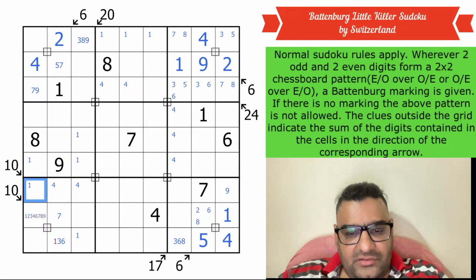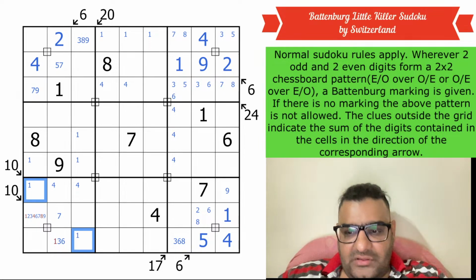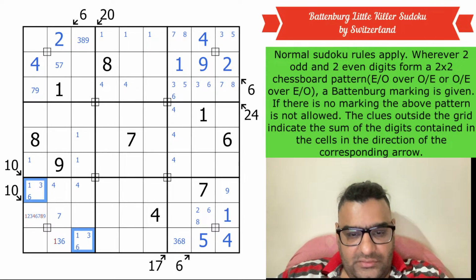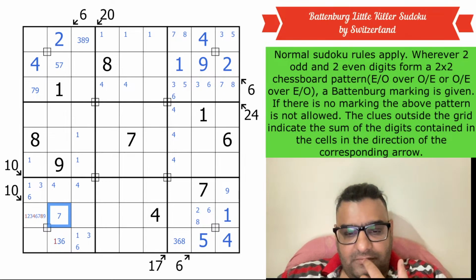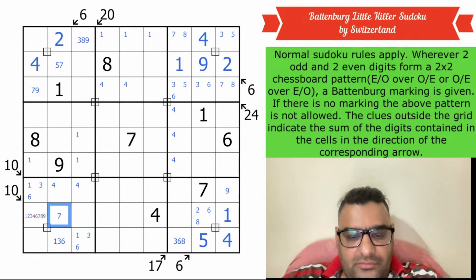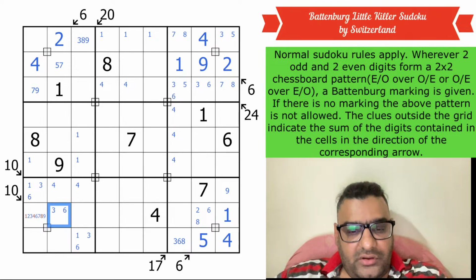And now if this is 1 and 3, this can be 1, 3 and 6. Medium can also be 6, 3 and 1. We already know 1 cannot be here, but 3 and 6 can be here.